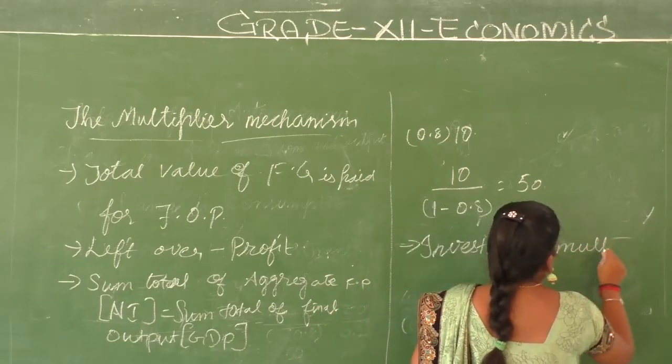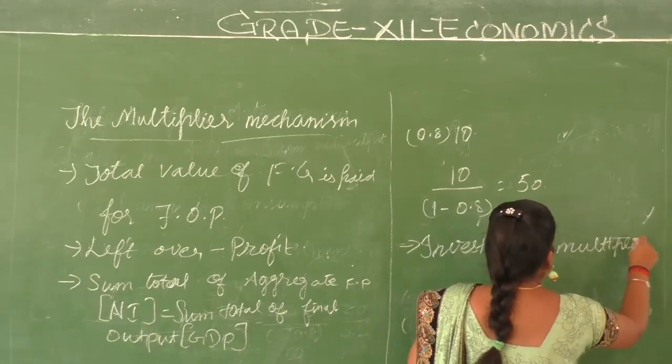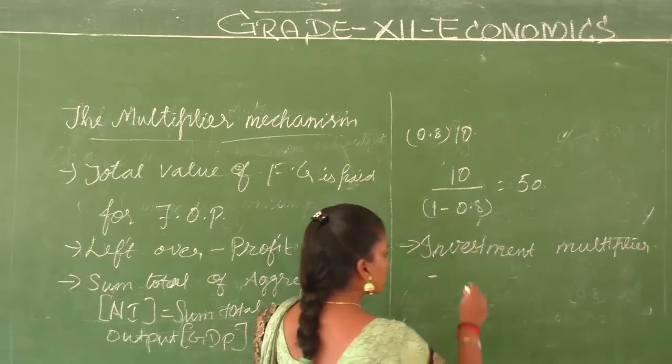Investment multiplier. How do you find it out?